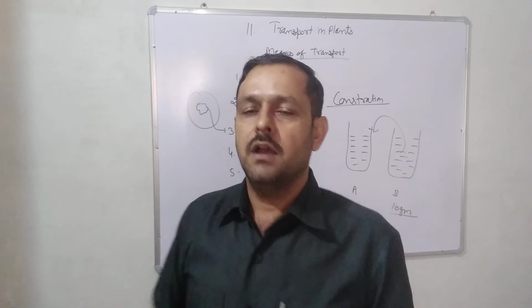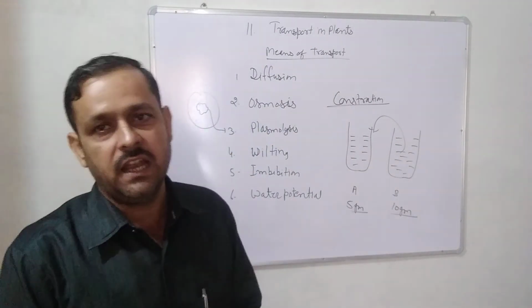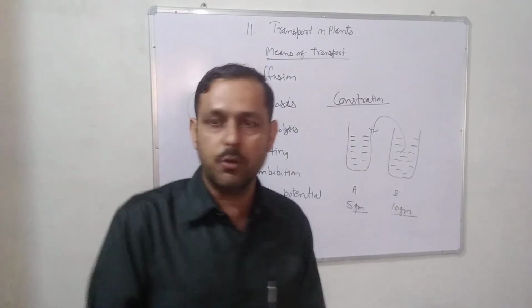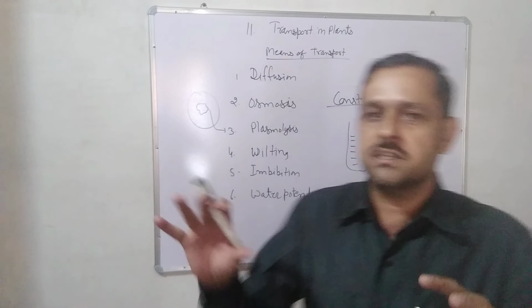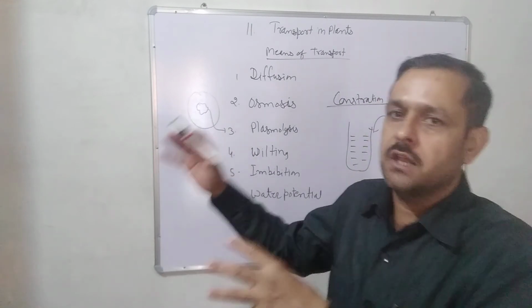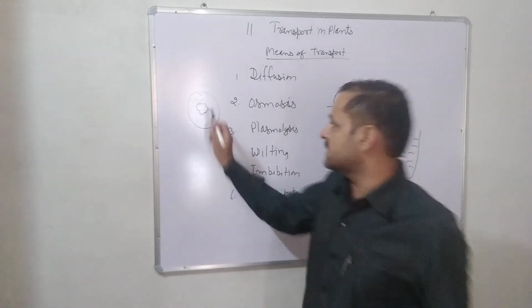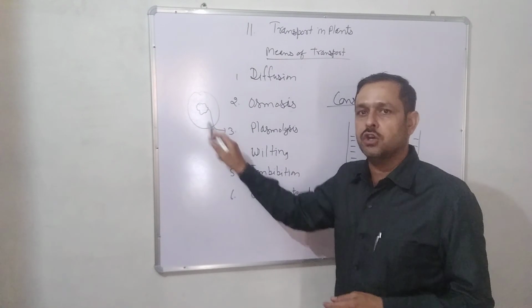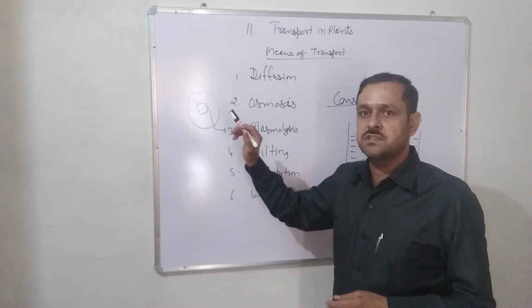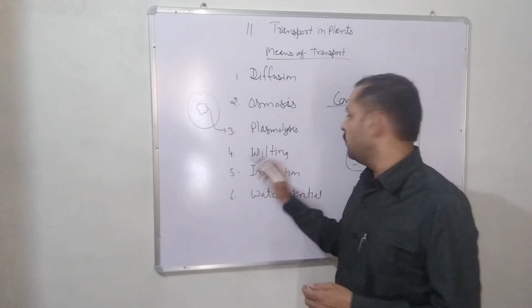And whenever we put this cell into a hypotonic solution, then this cell membrane comes back to its pre-existing state. If the cell membrane cannot come back to its pre-existing state, that is called wilting.